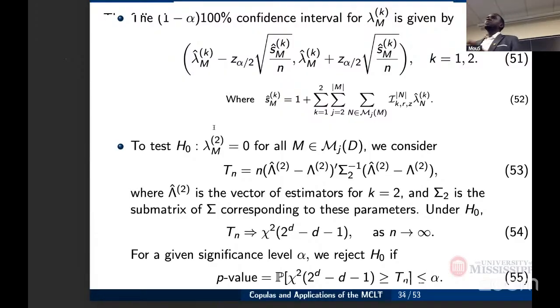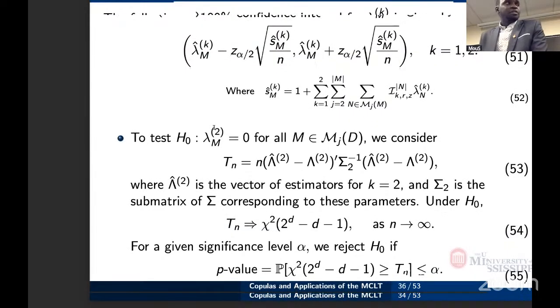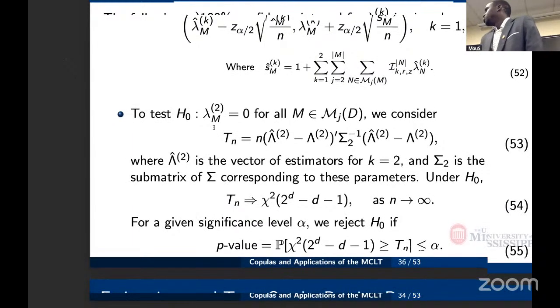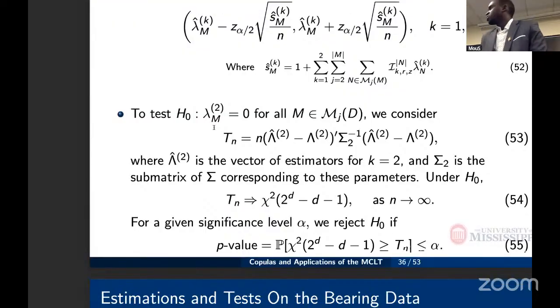That's why we only base our attention on the subset of parameters where the components are all from lambda 2. And the p-value is given by equation 55, which will help to decide to reject or not the hypothesis.